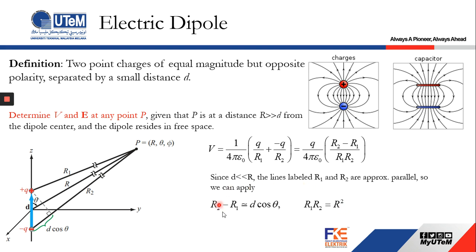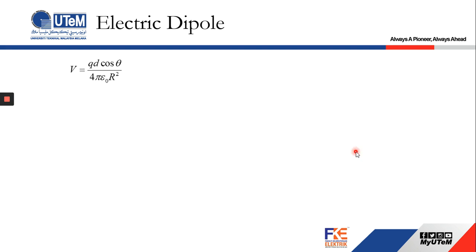So using these two approximations, we replace the value of R2 minus R1 with d cos theta and R1 R2 with R squared. So we get the equation V equals QD cos theta divided by 4 pi epsilon naught R squared.